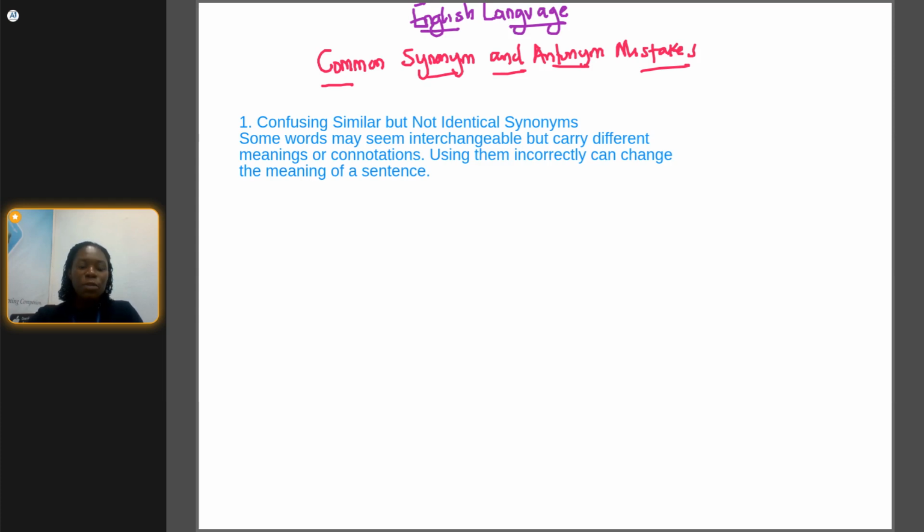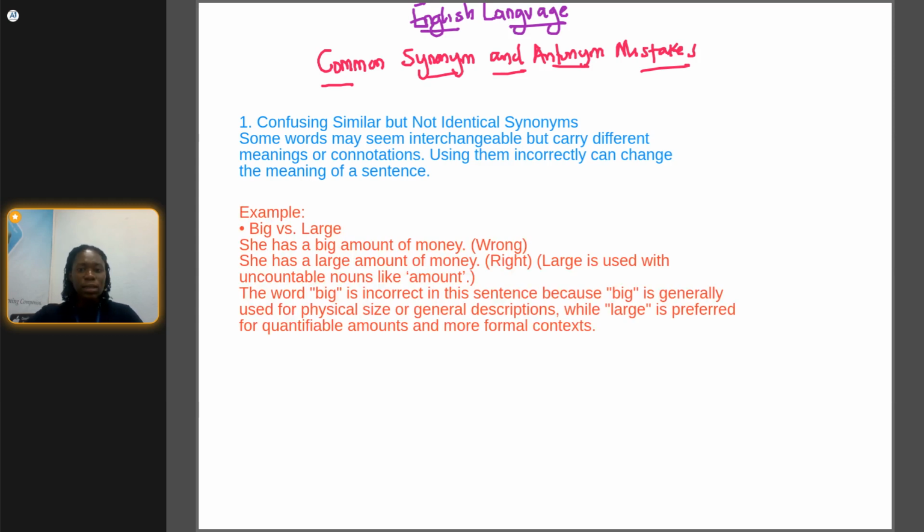Context will help you perfectly determine when you should use each word. But you cannot use them interchangeably because they are similar, not identical. So, example, we have big versus large.